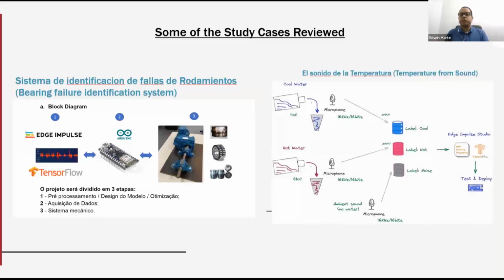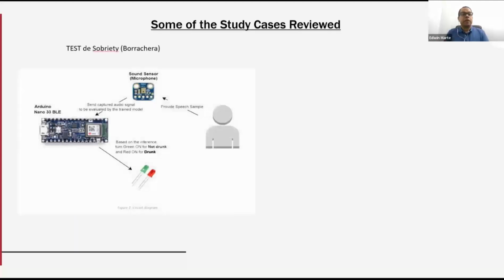The second one was temperature from sound. This was the favorite because it was a classification saying if the water was cool or hot, depending on the noise produced by the water. This is really my favorite of all.